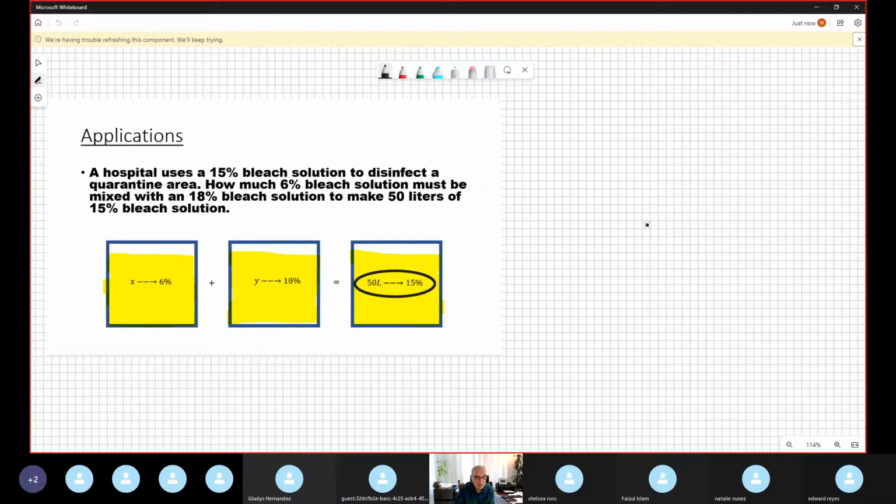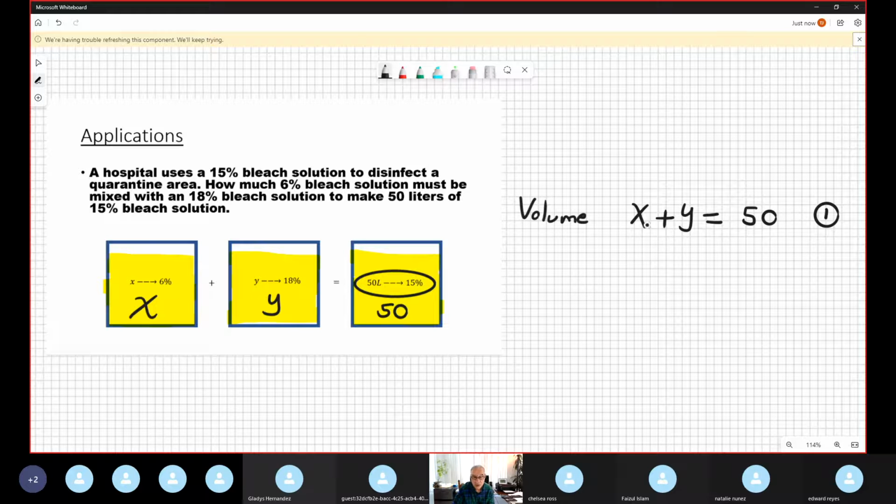One category is volume in liters. Here we don't know, I call it X, here it's Y, and here we have 50. The unit used to indicate the volume is liters. So obviously one equation is X plus Y equals 50. And this is my first equation.